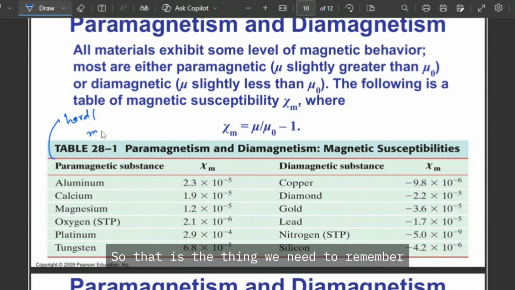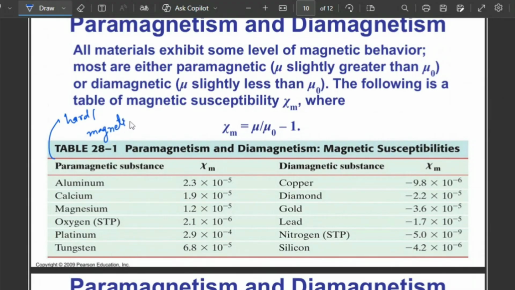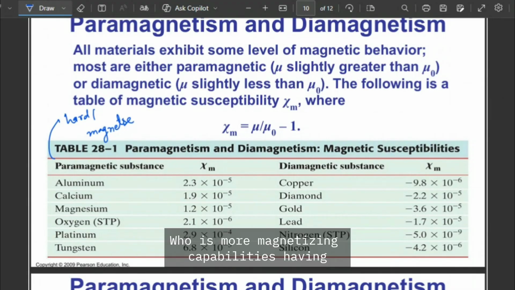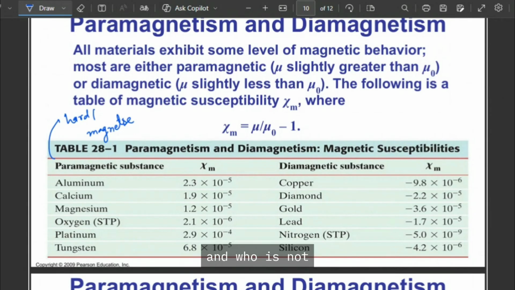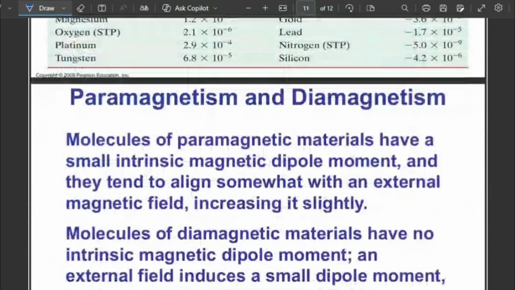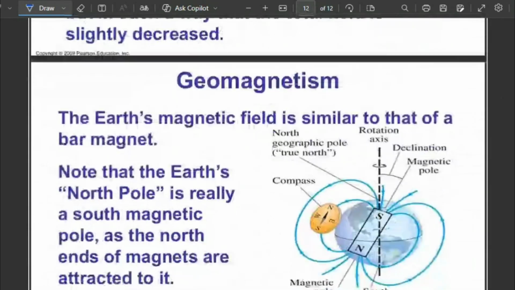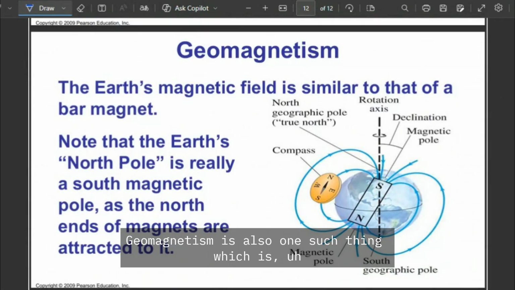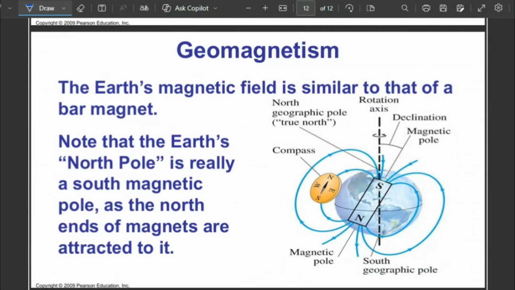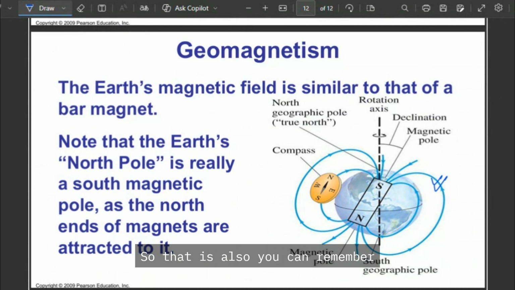So that is the thing we need to remember: who has more magnetizing capabilities and who does not. Then we have paramagnetism and diamagnetism. Geomagnetism is also one such thing, which represents the magnetic field or field patterns of Earth. So that is also something you can remember.